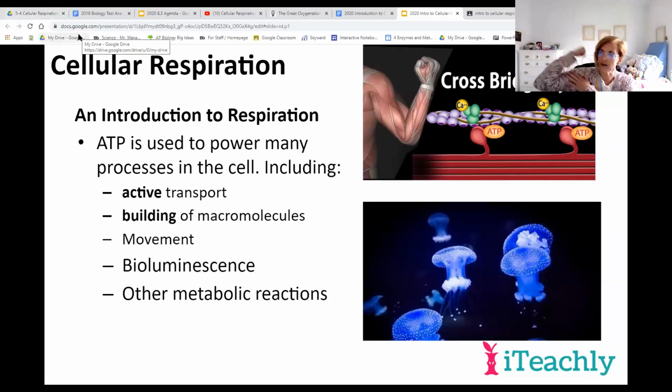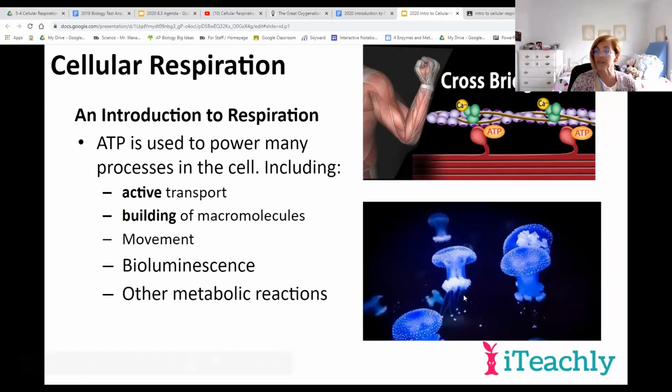Movement, in order to move our muscles. Notice the ATP molecule here that is attached to actin and myosin. You won't need to know that, but these are the actual fibers that work in muscles that cause your muscles to shorten, and that's what allows us to do work. So ATP is involved with muscle contractions.